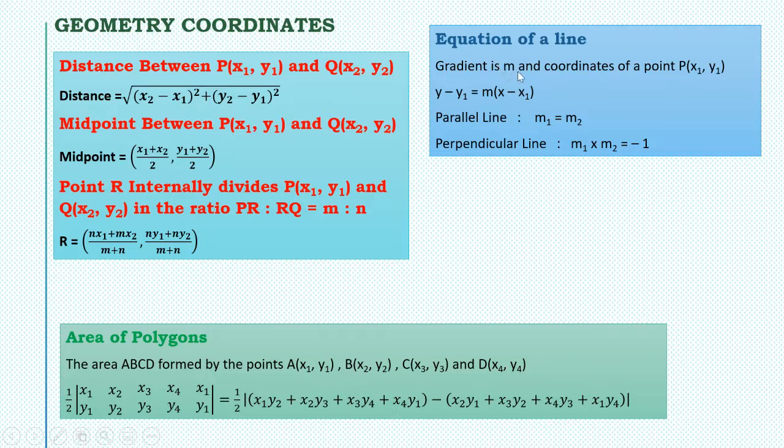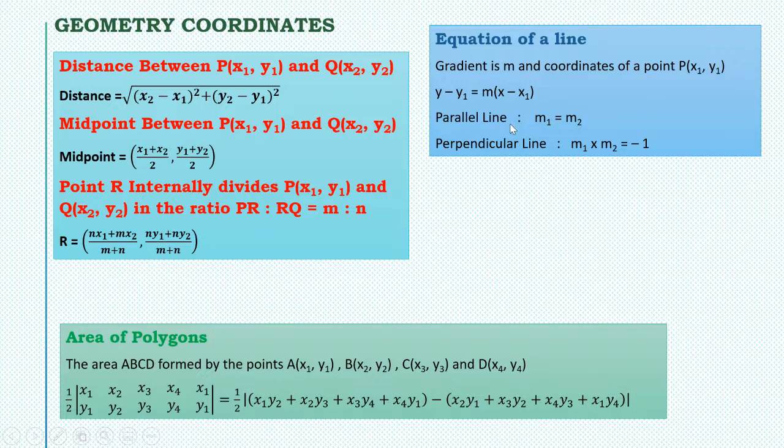And then the next thing you need to know is equation of a line. Important for you to have the gradient and 1 given point on the line. So with this, you can use the formula y minus y1 equals m(x minus x1). Some of you wanted to use the modern maths way of solving it. y = mx + c. There's no harm in using that. You can use that formula as well.